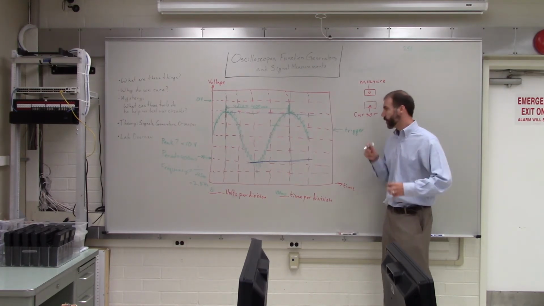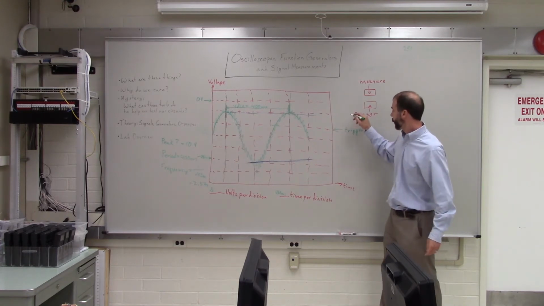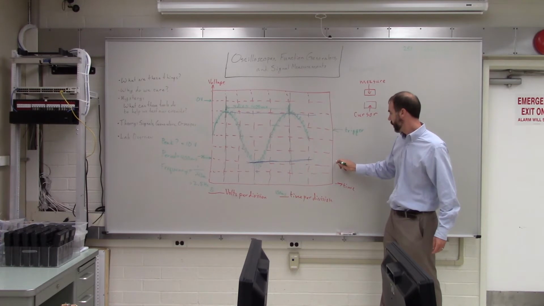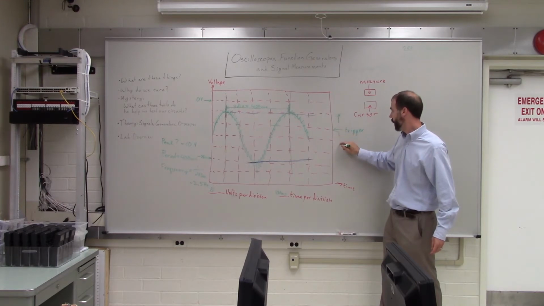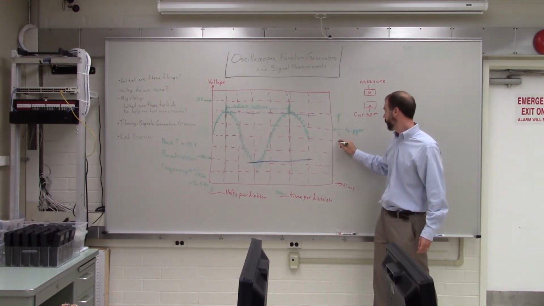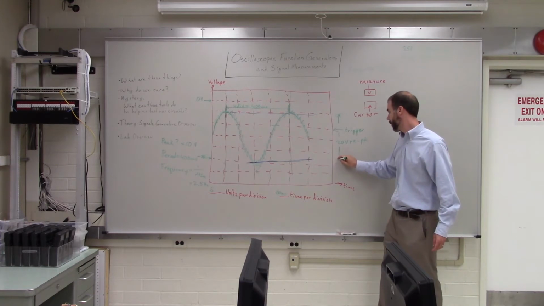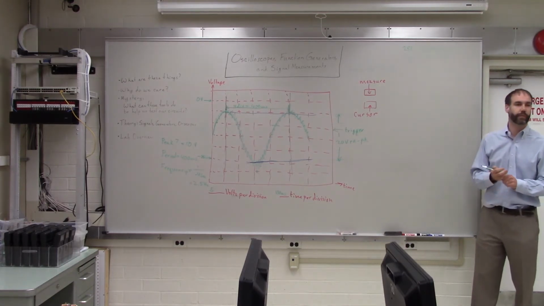So, for instance, you might go like this, and draw some arrows, and say that that is 20 volts peak to peak. Peak to peak is often abbreviated PK-PK. Okay?